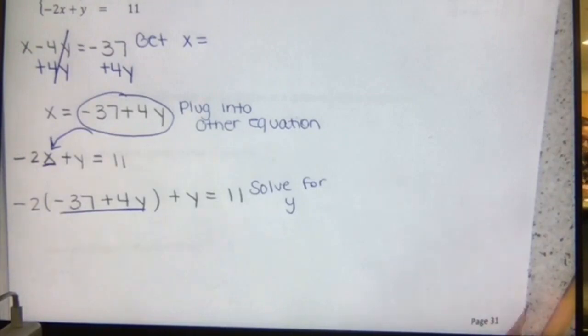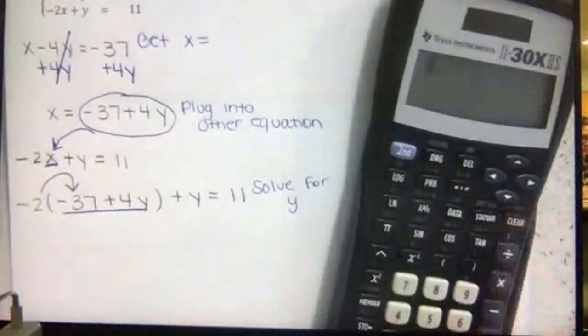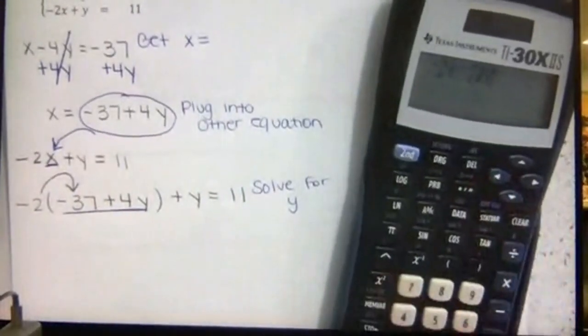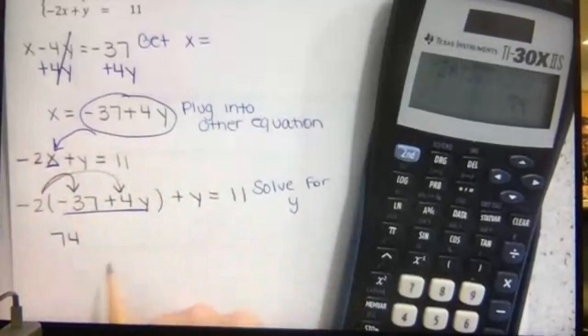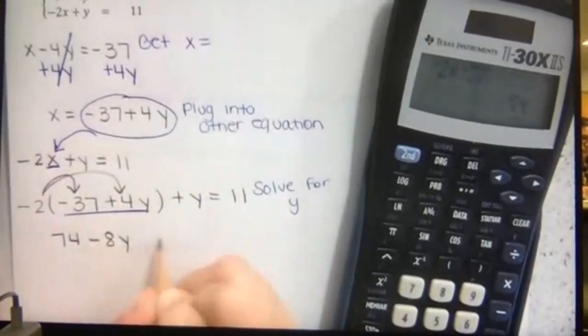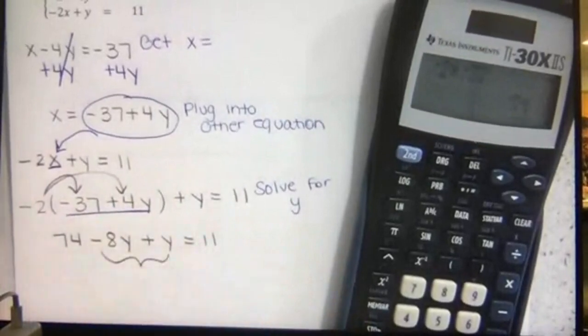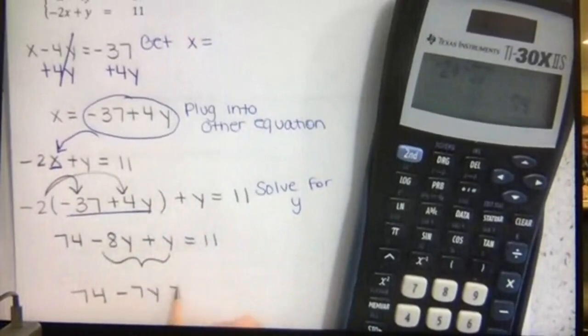All right, so let's distribute. -2 times -37 will give us +74. -2 times 4y will give us -8y, plus y equals 11. Combining our y's, -8 plus 1 will give us -7y, plus 74 equals 11.